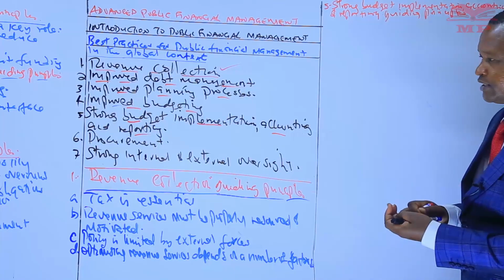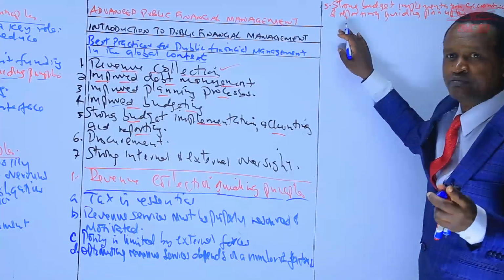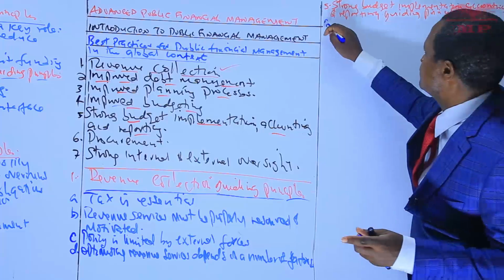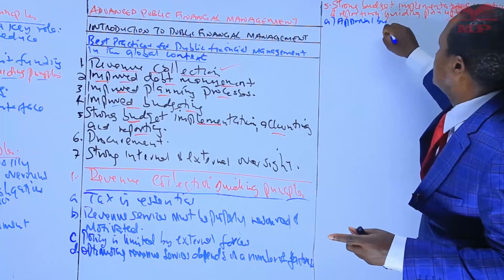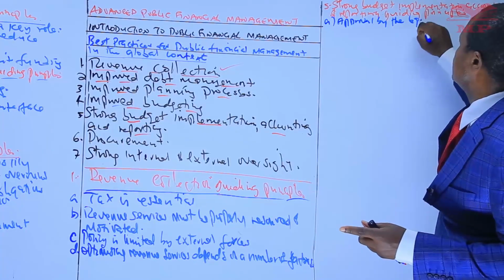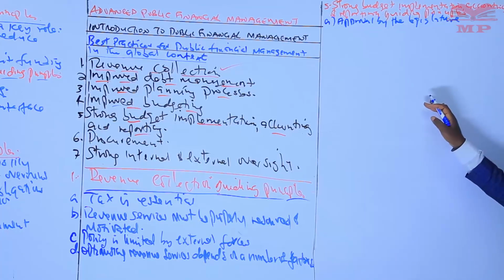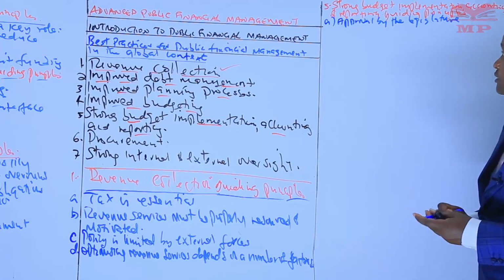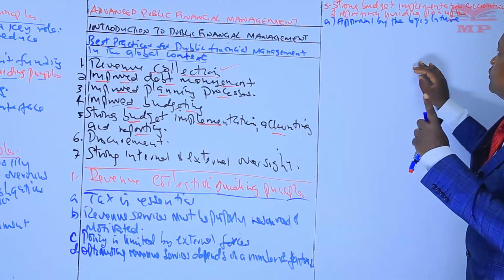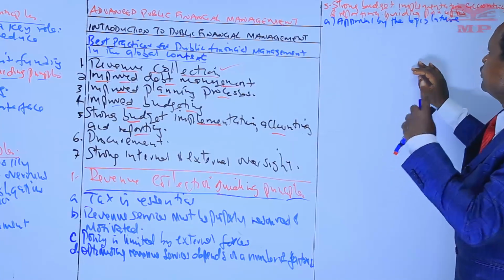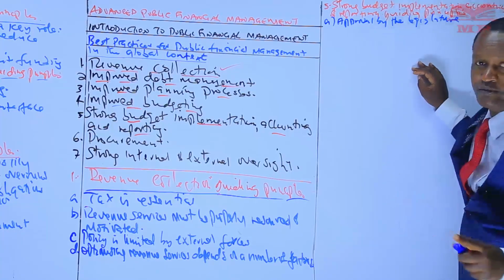The first principle is that the budget must be approved by the legislature. Our constitution here in Kenya provides for approval of the budget by the legislature.